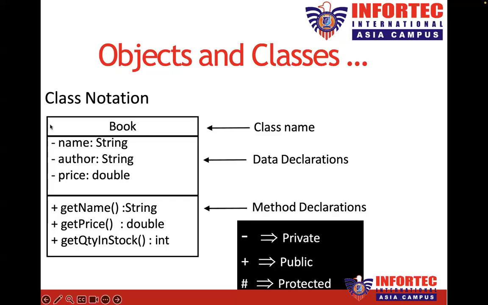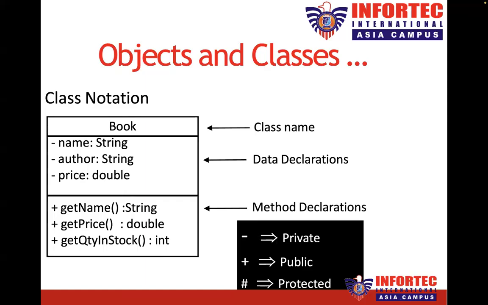So how you do that? You can draw a rectangle like this and you can take the first partition as the class name and then you can write the data, name, author, price like this and then the method. So I will explain all these things later, just now keep this in your memory.